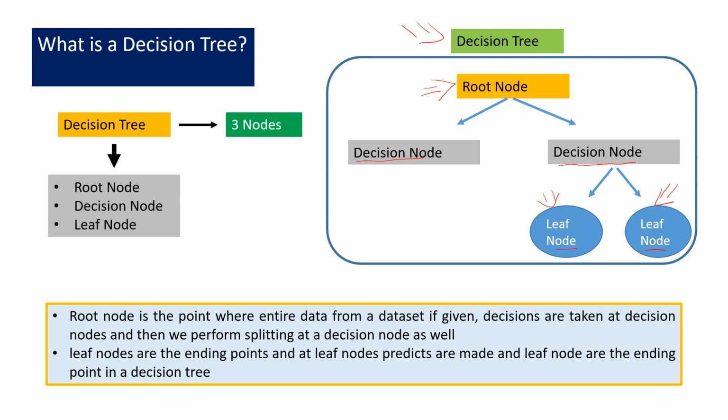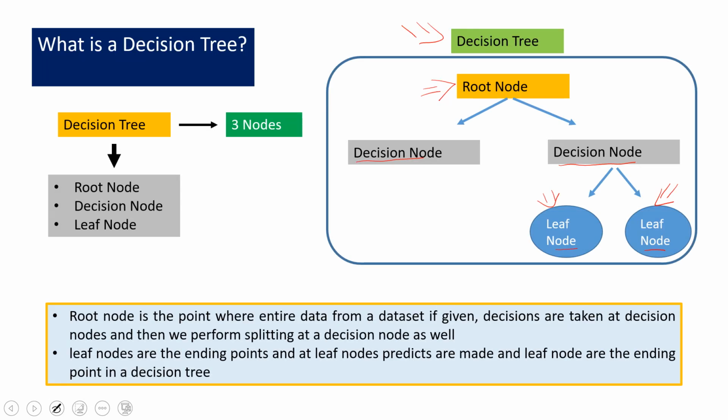The decision tree's main role is to break a dataset which is given to a root node over here. So breaking a dataset into subsets is done by the decision tree, and splitting is carried out at nodes, and at leaf nodes the final decision or the prediction is made.